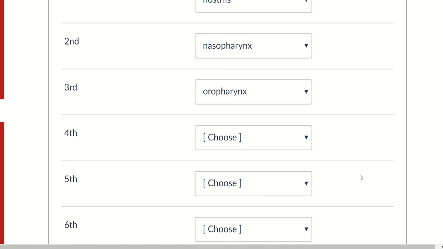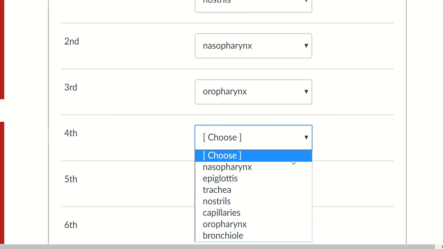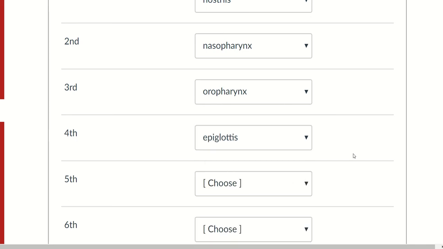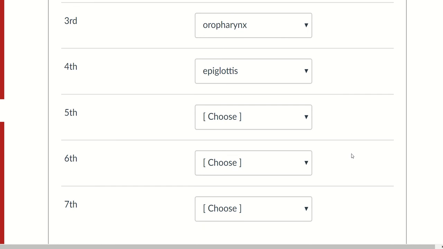Then for air to get into the lungs, the epiglottis needs to be up or down? Up, needs to be up, all right? So that means it passes the epiglottis next, down into the laryngeal pharynx, where your voice box is.